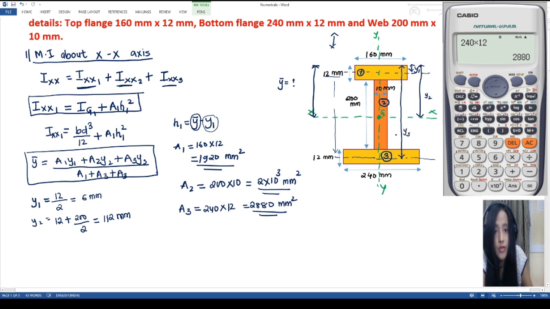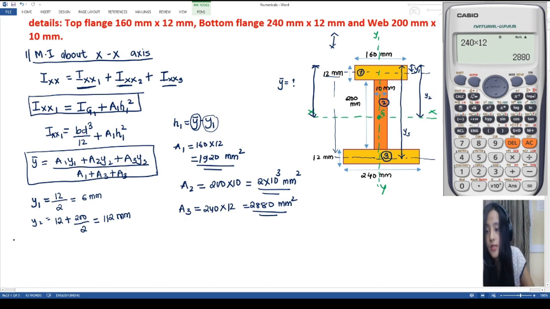This is my Y2. Now how much do I need to cover? I need to add the total depth of my top flange plus total depth of web and half depth of bottom flange.